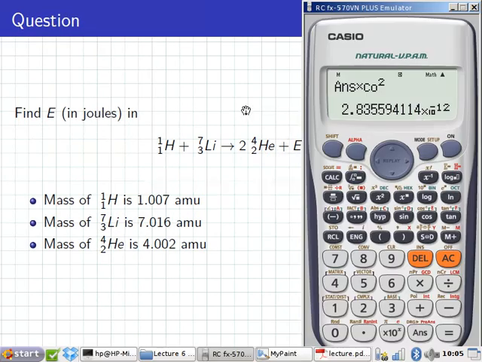How many joules? Now, because this is so small, maybe we want to use a different unit. What would be a good unit? If we don't want to use joules, what would be a more appropriate unit? EV, yeah.